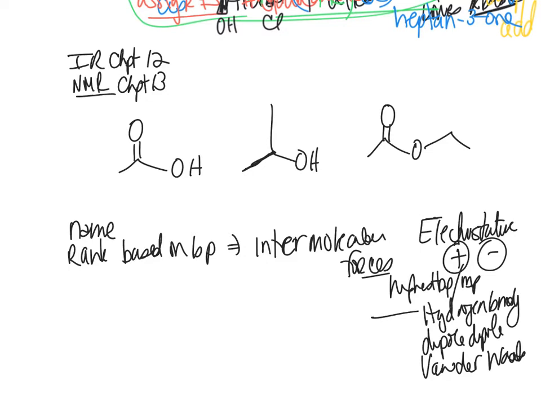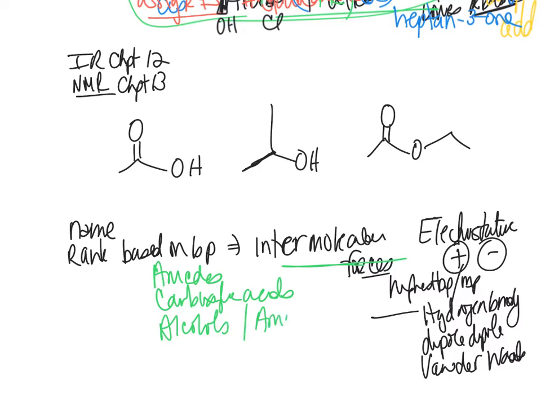Okay, so as you move up here, you have them all. So in organic chemistry, your highest are going to be your amides for functional groups, and then your carboxylic acids. And then you're going to get into the alcohols and amines, because they do hydrogen bonding. And then your dipole-dipoles will be like your esters.